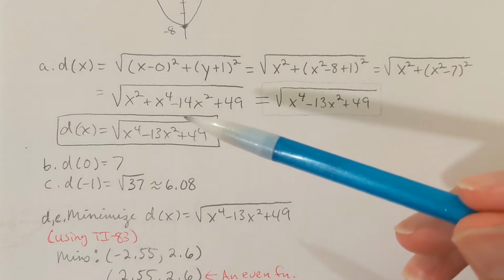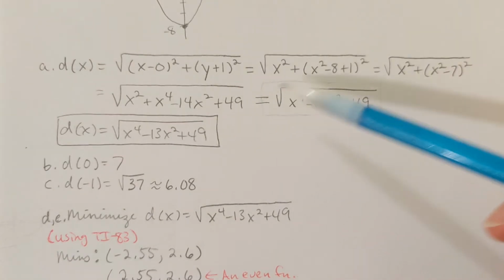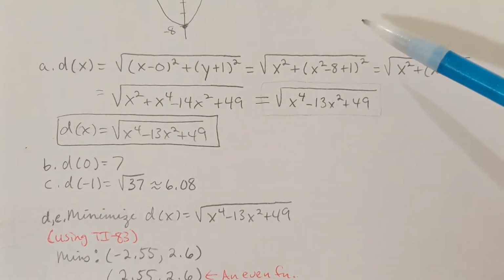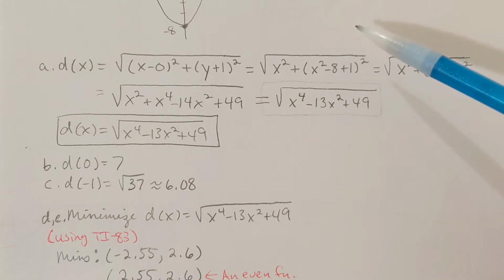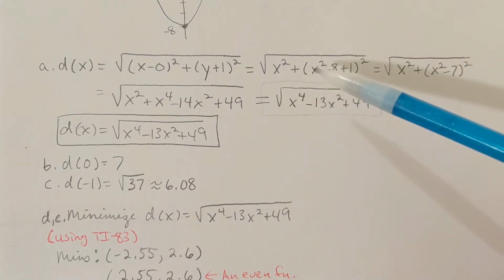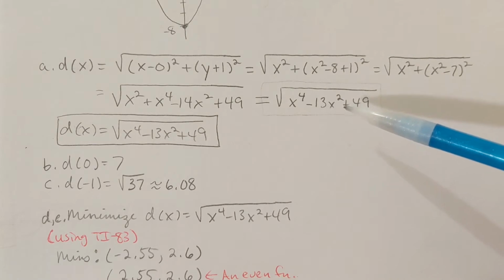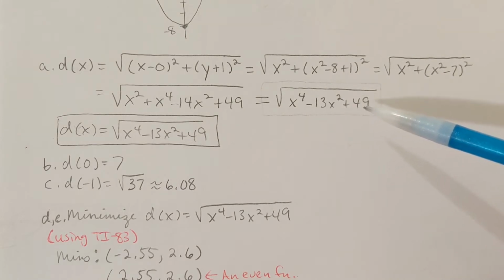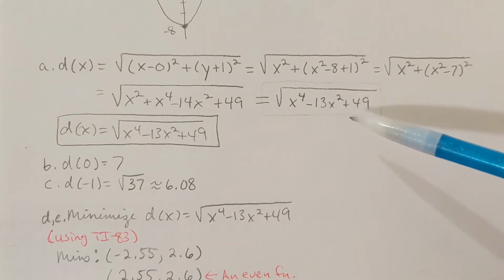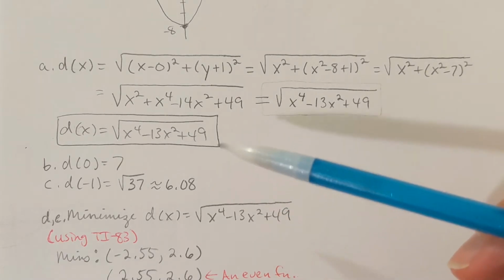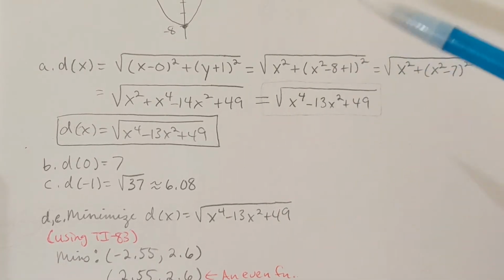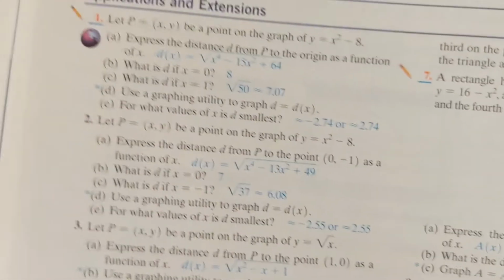Expand that, I get x to the 4th minus 14x squared plus 49, so the square root of x to the 4th minus 13x squared plus 49. And that would be a function that models this situation.